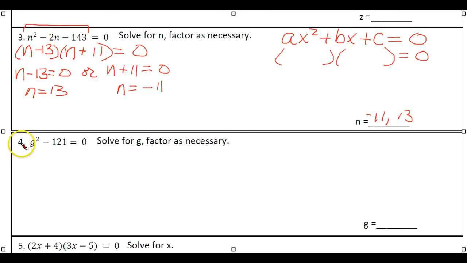Okay, jumping down to example 4. Do you recognize what we have here? And if you said the difference of perfect squares, that is correct. So they will factor into its conjugates.